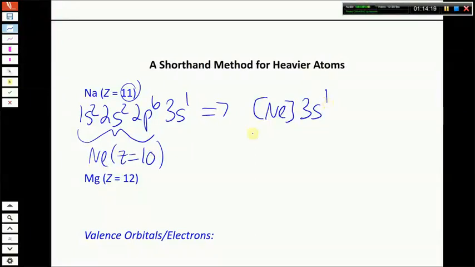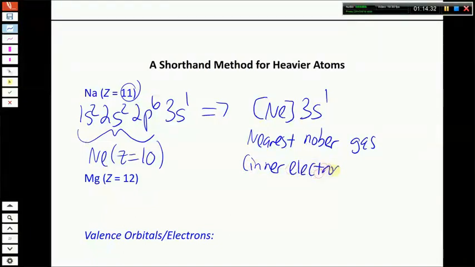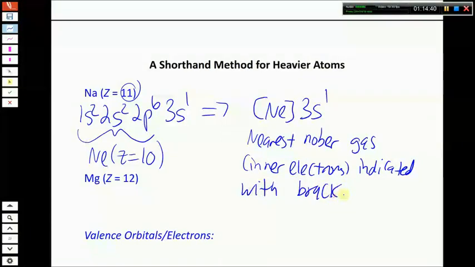All right, so we use the nearest noble gas to abbreviate the core electrons, what we call the inner electrons. Those are going to be indicated with brackets.